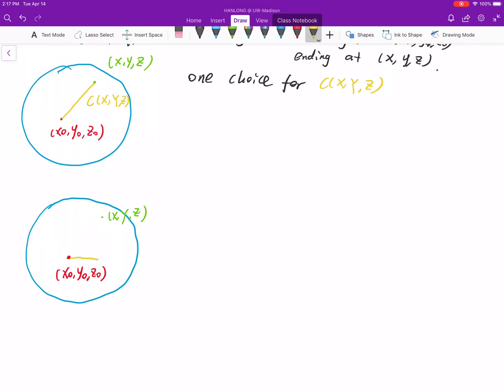You might choose this one and then this one. Oh sorry, recall this is in 3D, so the coordinates here are (x, y0, z0). Here is (x, y0, z), and go this way. Also, you might have some other choices, and even the very arbitrary one.